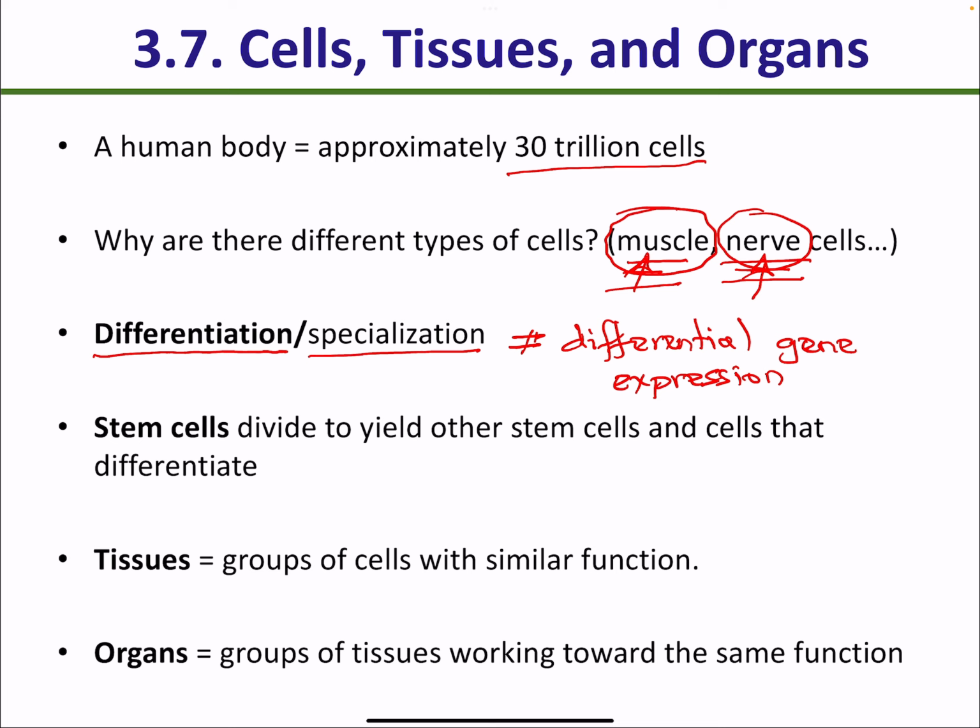Okay? So, muscle cells, nerve cells, skin cells, liver cells, white blood cells, red blood cells, they are all different because of that differential gene expression. Okay? And these cells are differentiated.